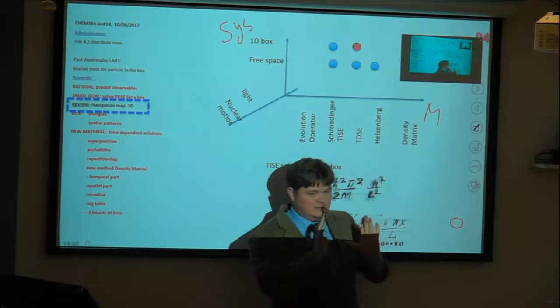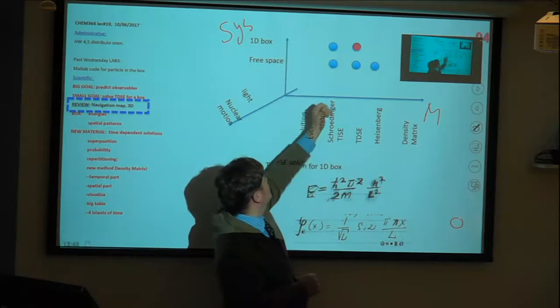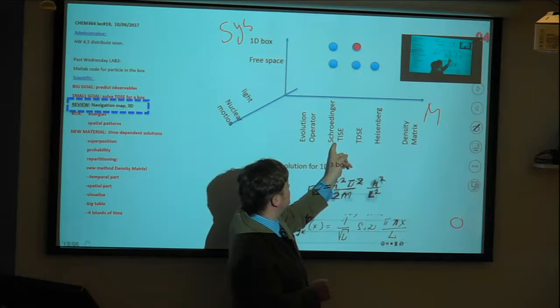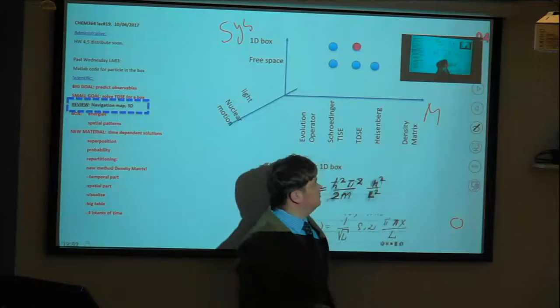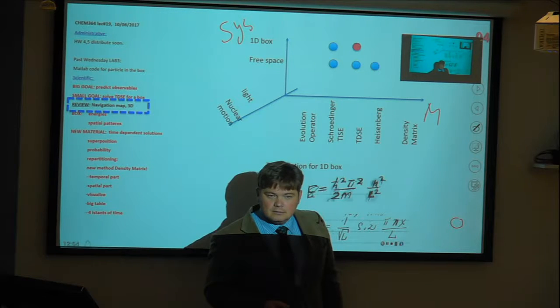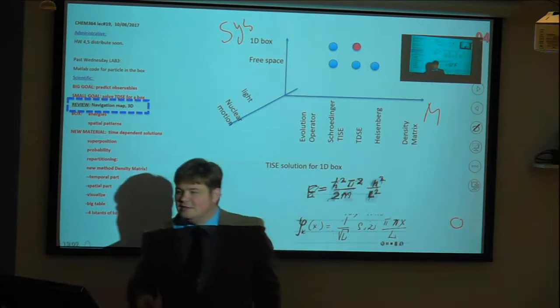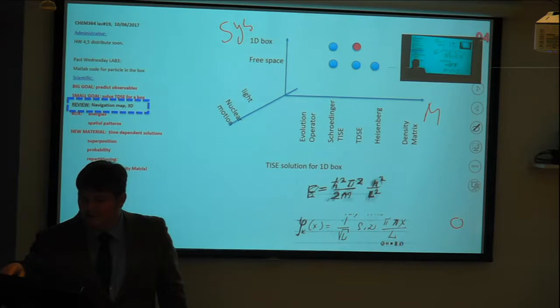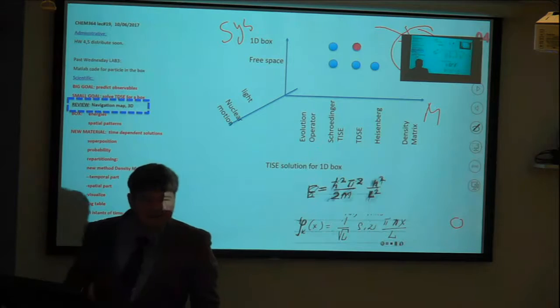Now we started with the confined claustrophobic electron in the box, and we looked for eigenstates, and now it is time to look at the time evolution. This image blocks, but there is one more circle in here.